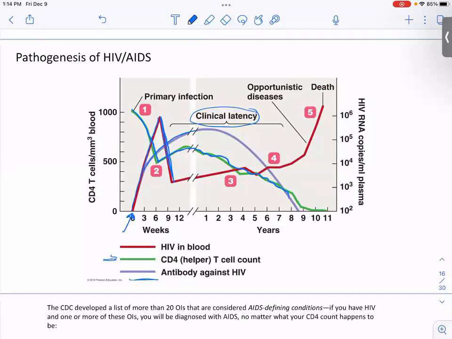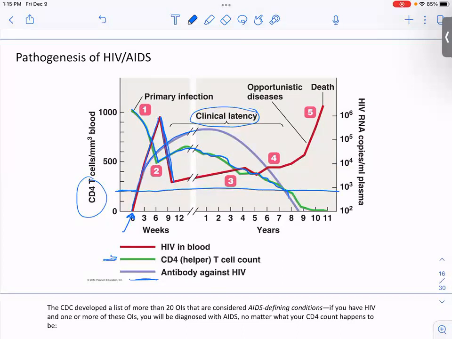So our ability to have an adaptive immune response diminishes as those CD4 helper cells are dying. A person is considered to have full-blown AIDS if they have less than, I think it's 200 cells per mil of CD4 helper cells. So I think that's a homework question, so I'll save you from looking it up.